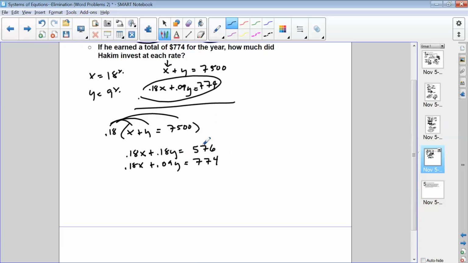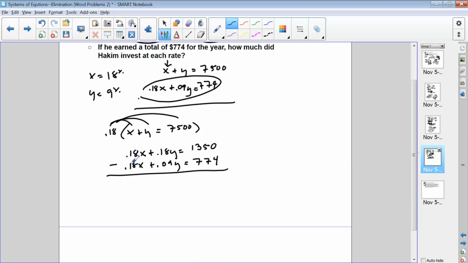And that's incorrect right there. That 18 hundredths times 75 hundredths, I skipped a step there. So that's 1,350. 18 hundredths times X, 18 hundredths times Y, 18 hundredths times 7,500 is 1,350.